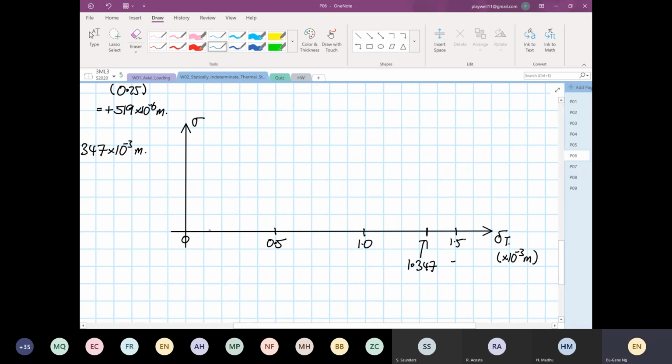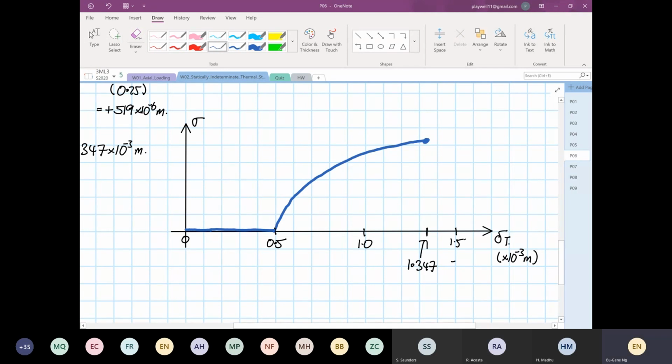So I heat up the thing. The gap will start to reduce, and the structure will start to get longer. At 0.5, you will see a build-up in stress. And then it will do this.